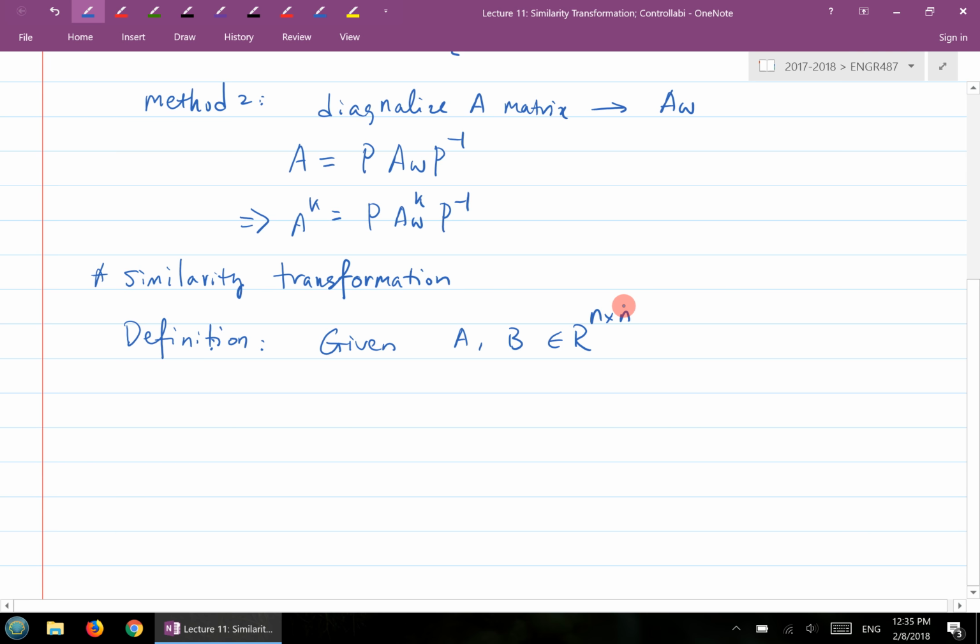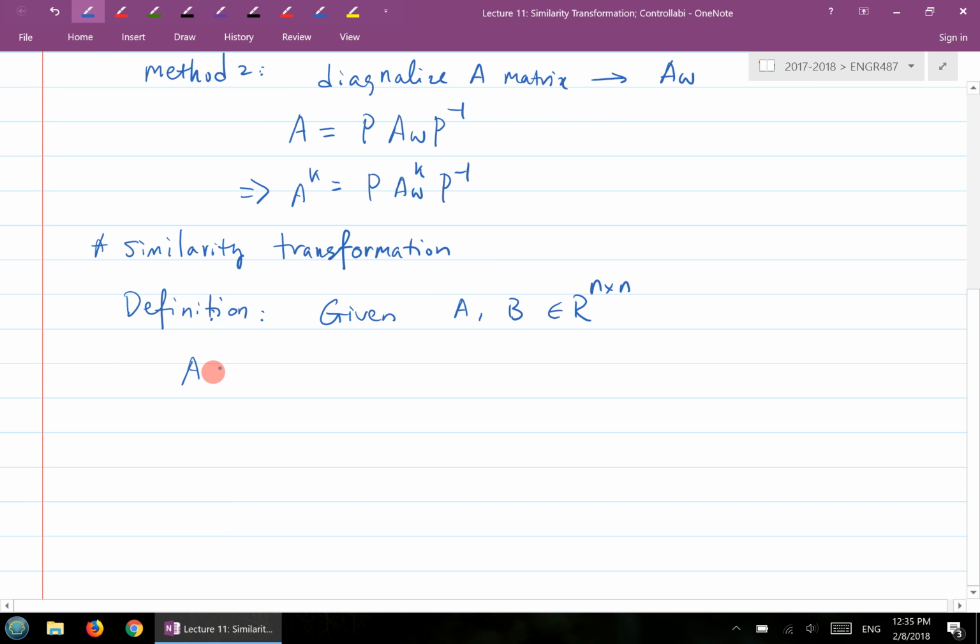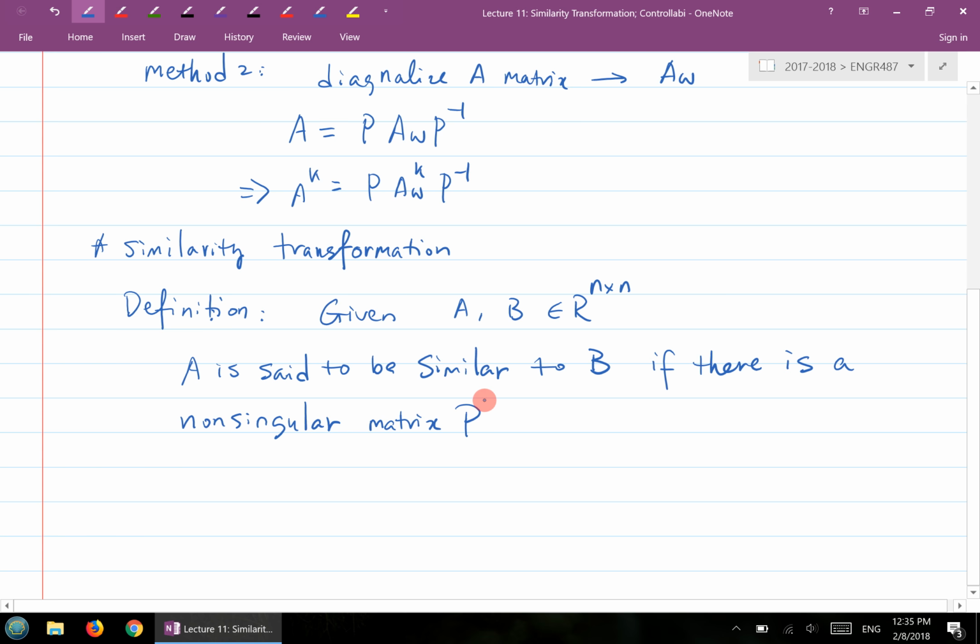Given two square matrices, n by n matrices, A is said to be similar to B if there is a non-singular matrix P such that P inverse A times P equal to B.